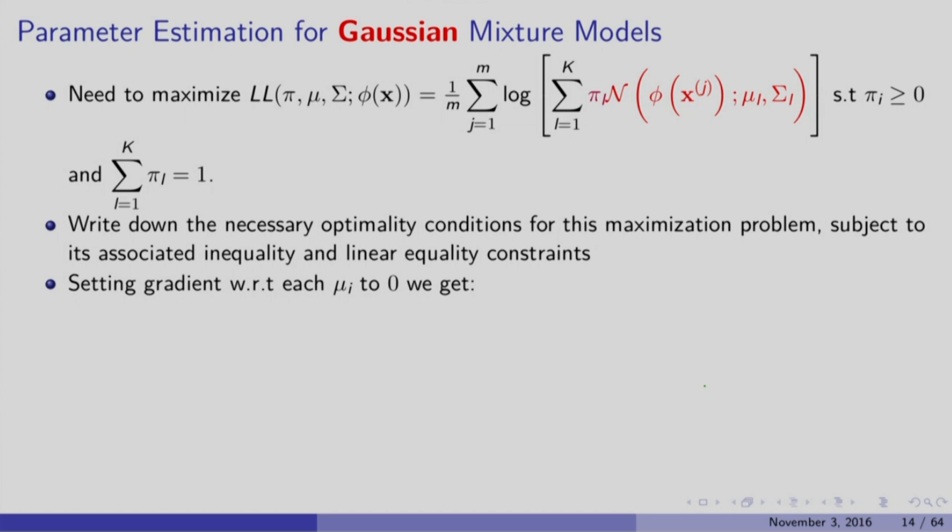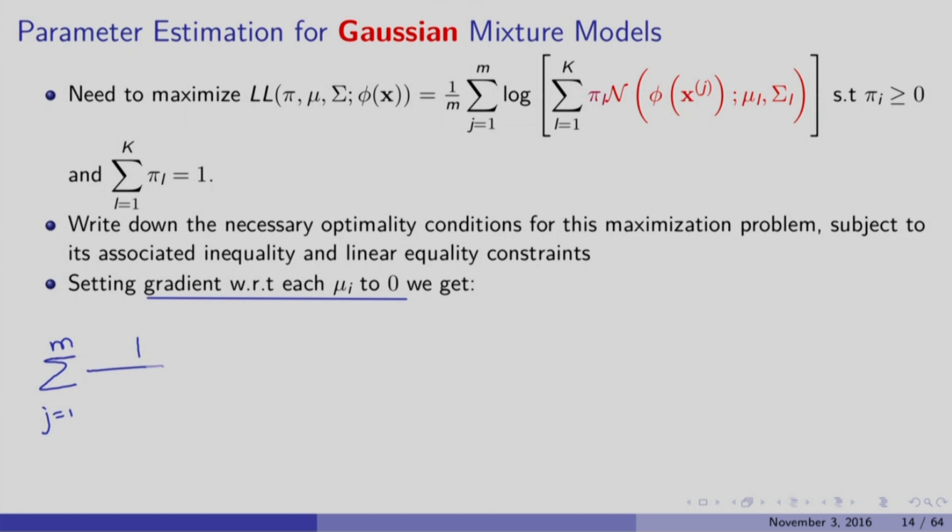So let us do the following. Let us consider the maximization of the summation of the log of the summation, and let us write down the necessary optimality condition for this maximization problem. What we do here is set the gradient with respect to each of the mu i's to 0. Mu i, recall, is a vector. So the outer summation will remain as it is. We have log of a factor which involves mu i.